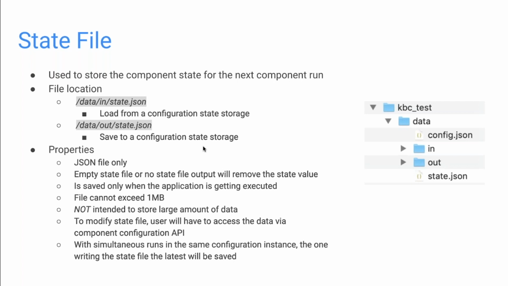Next point is to modify the state file. Users will have to access the data through the component configuration API. With simultaneous runs in the same configuration instance, the one writing the state file the latest will be saved. So the earlier run will not be saved.